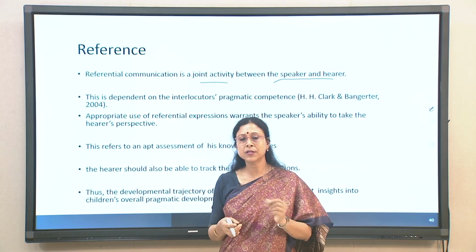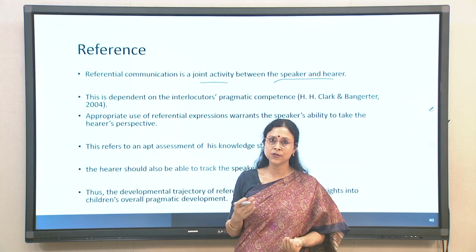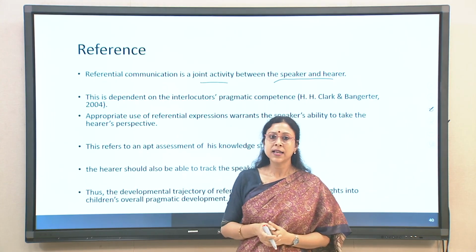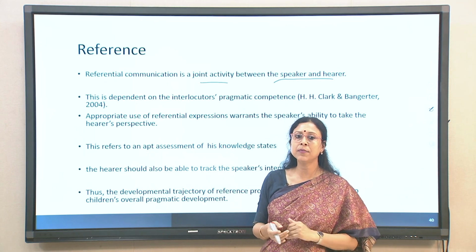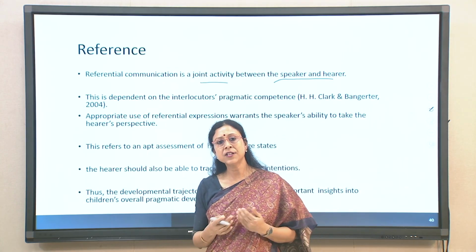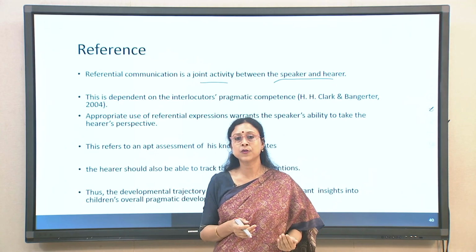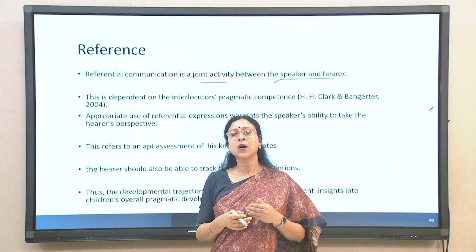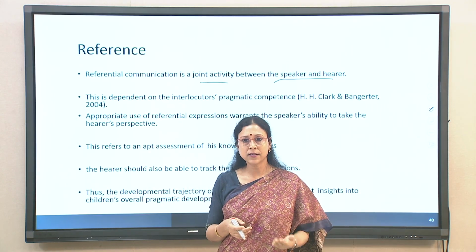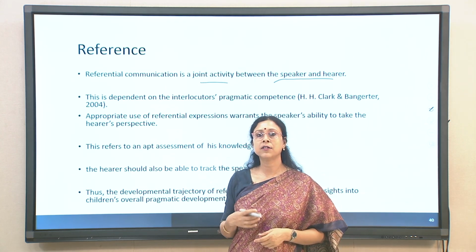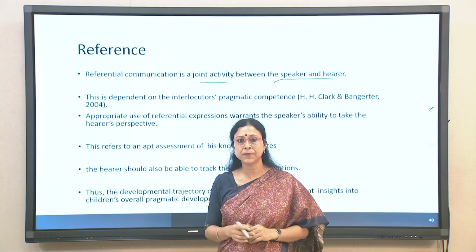If you are referring to something the hearer simply does not know, then there is no point, there will not be any successful communication. Similarly, the hearer should also be able to track the speaker's intention. Referential communication works both ways. Both the speaker and the hearer need to be aware of the other person's mental state, what he or she might be referring to and what he or she might not be referring to.